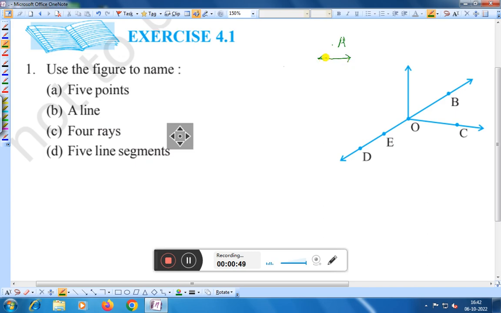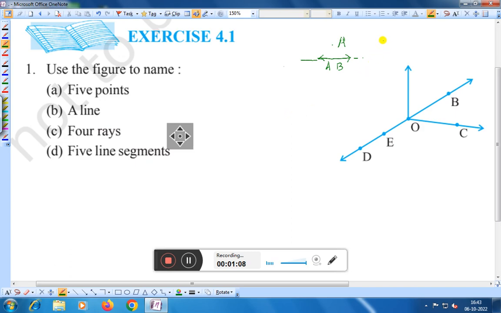And if we name them like AB, A, B, right? And the arrow means it goes on and never ends on both sides. That is a line.